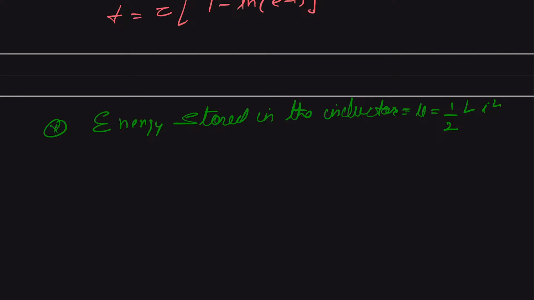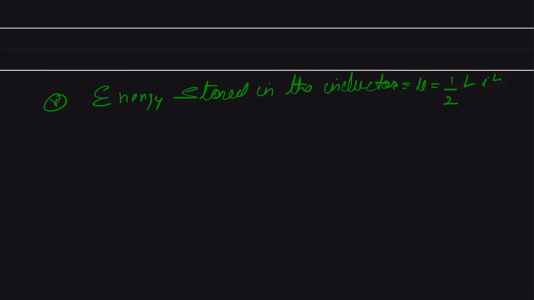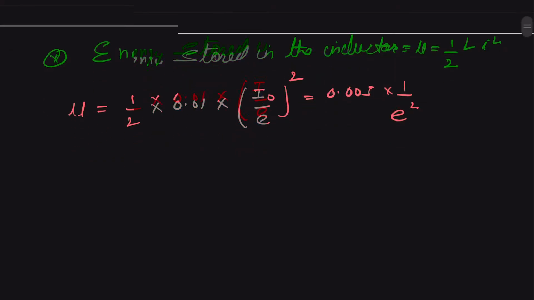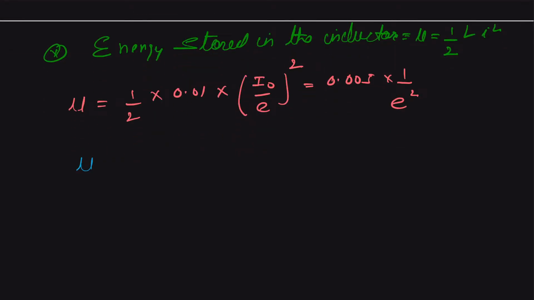And we already know that U is equal to half, and our inductor L is given as 0.01, times this i, which will be the maximum value divided by e, and its whole square. So this comes as 0.005 multiplied by 1 upon e square. And therefore this U, energy stored, will be approximately equal to 0.677 millijoules.